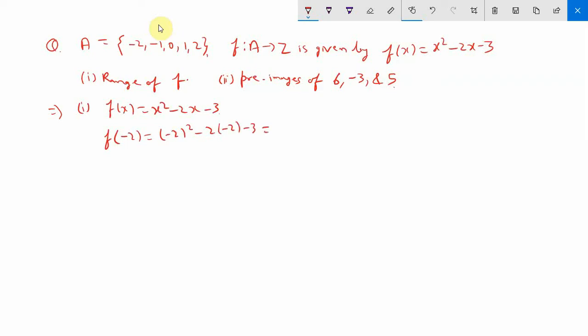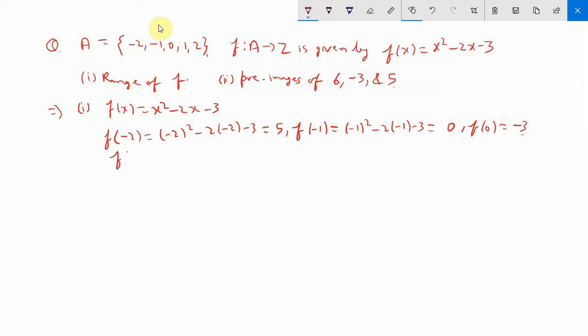So 4 plus 4, 8 minus 3, 5. F of -1 will be (-1) square minus 2 into (-1) minus 3. It is equal to 1 plus 2, 3 minus 3 equal to 0. F of 0 will be equal to -3.